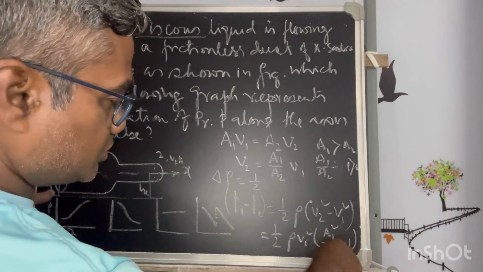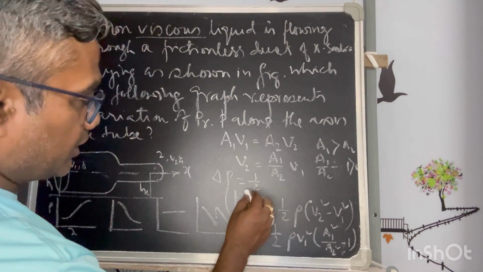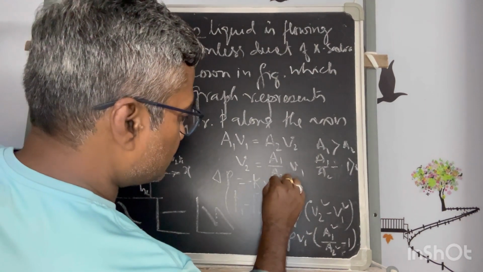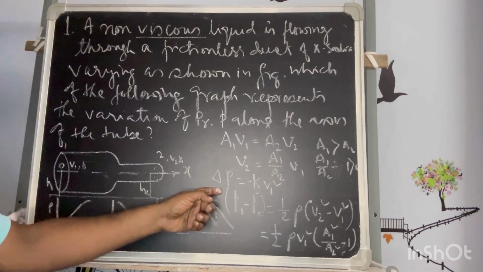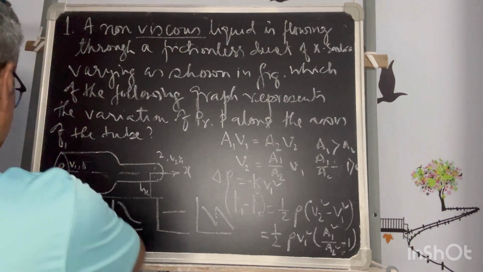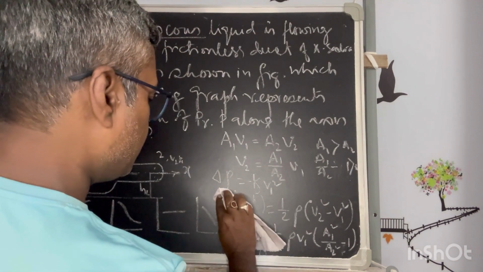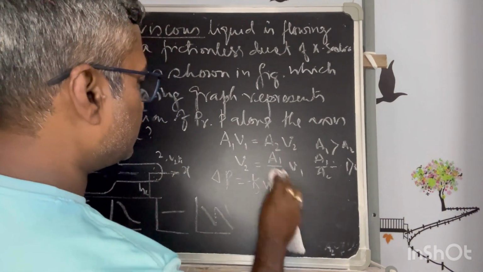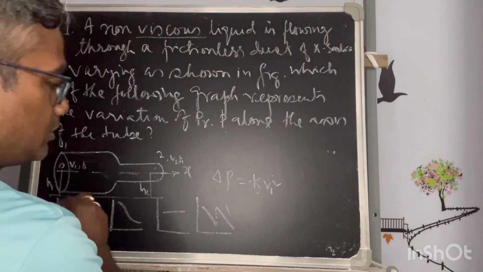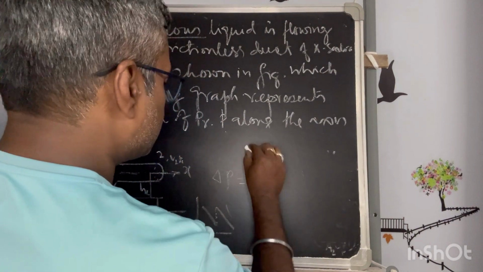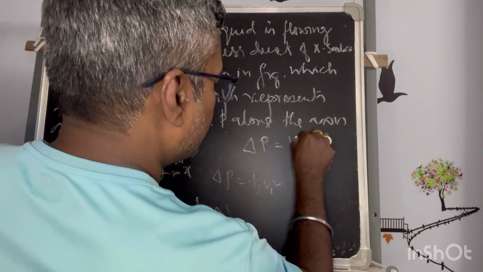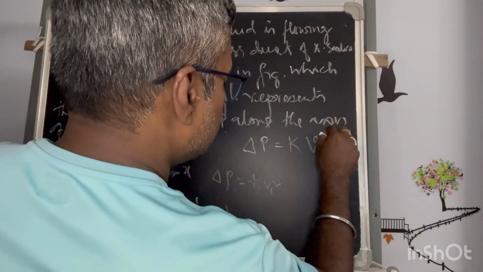A1 is constant, so along with rho I can put all of this as a constant. Then this depends on V1 square, so delta P depends on k into v square.